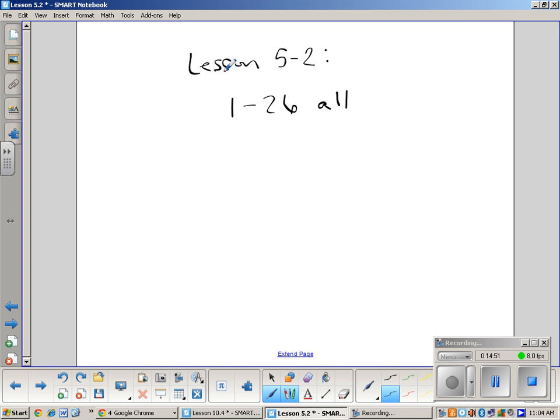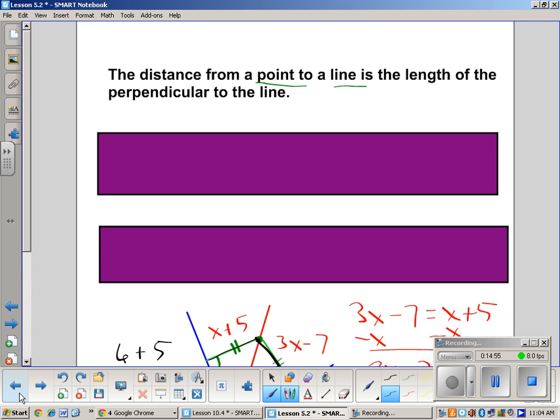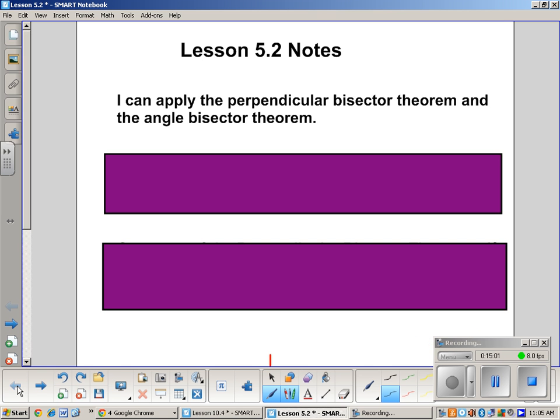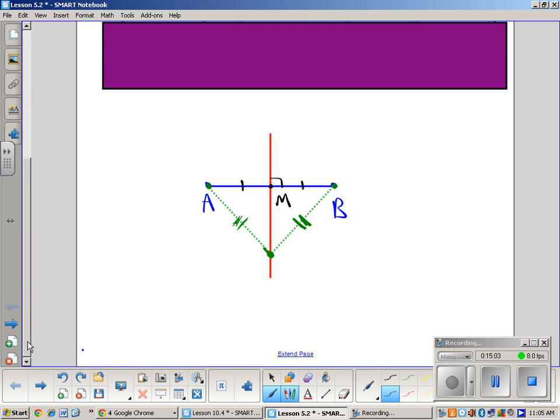But you're going to be practicing concepts like this, setting them equal to each other. And then on the perpendicular bisectors, these are the segments that are equal to each other. So those are the problems you're gonna work on.